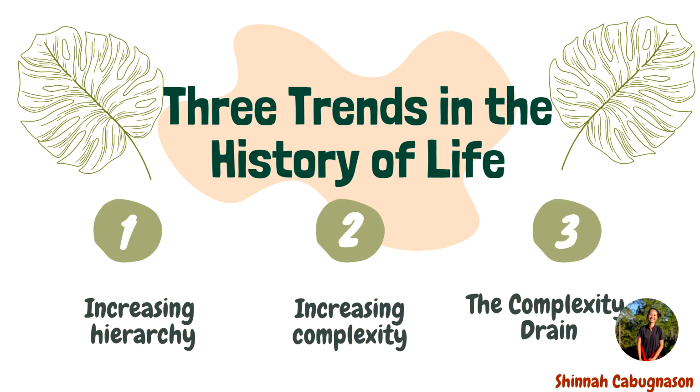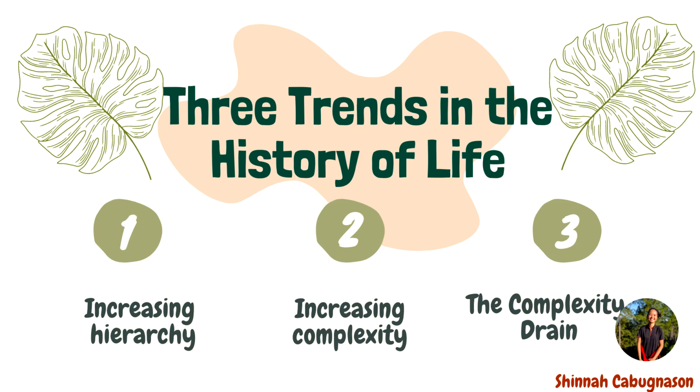Good day, everyone. Now let's talk about the three trends in the history of life. The history of life seems to be characterized by three large-scale trends in complexity, and these trends seem to be connected with each other. The first is the rise in the number of levels of organization within organisms. That is, a rise in complexity in the sense of hierarchy.